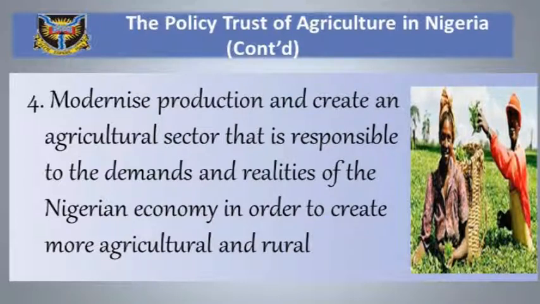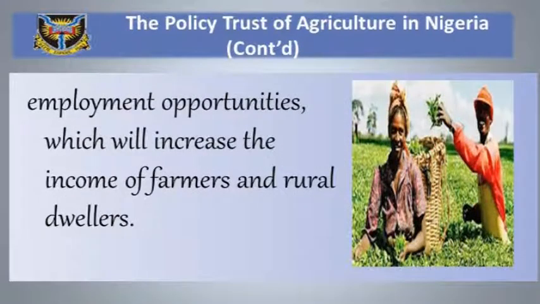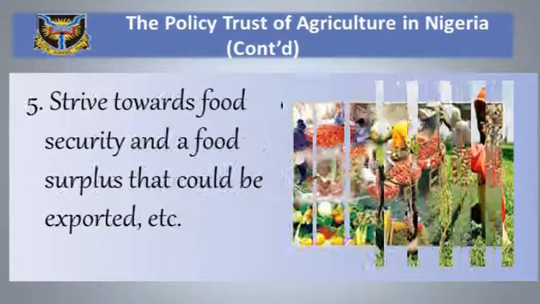4, modernize production, and create an agricultural sector that is responsive to the demands and realities of the Nigerian economy in order to create more agricultural and rural employment opportunities, which will increase the income of farmers and rural dwellers. 5.